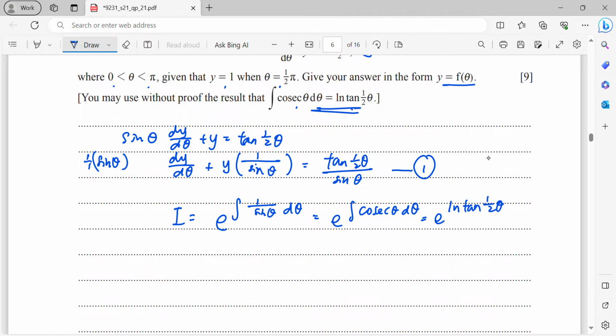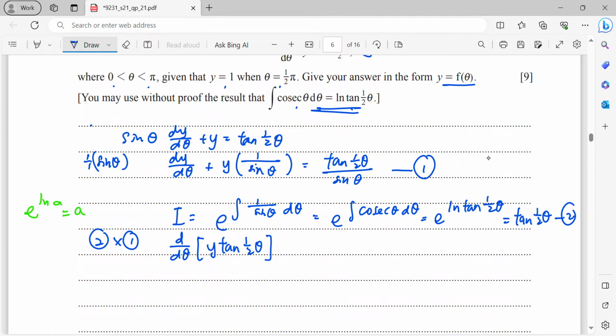The e and ln can be cancelled off because of the formula e to the ln A is A. That means I'm getting tangent half theta as my integrating factor. I let this be the second equation. Now I will multiply the second equation to the first equation. The left hand side by default will be d over d theta of y I.